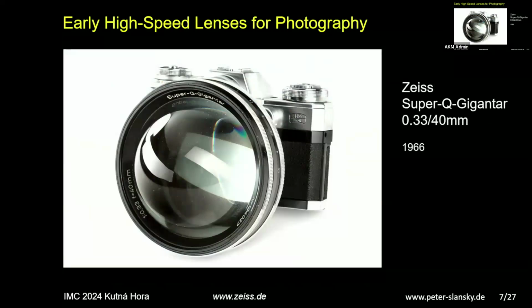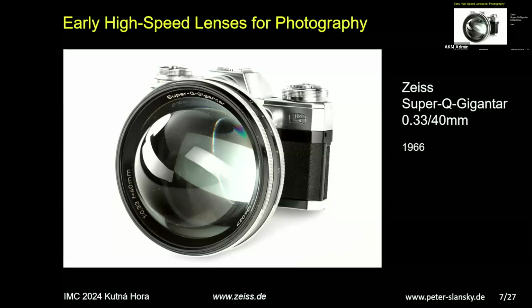So at the Zeiss company, there were some guys that were kind of annoyed about all the rumor about high-speed lenses, and they constructed this, and they demonstrated it on Photokina. I was not at Photokina 1966, but they demonstrated there the Super Q Gigantar with an impressive speed of 0.33.